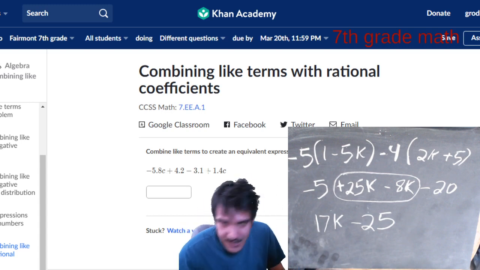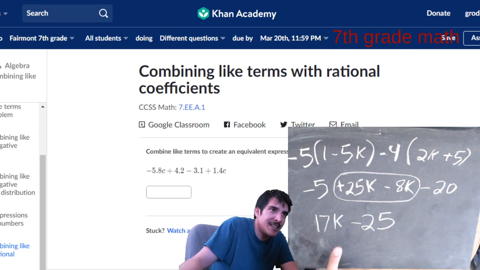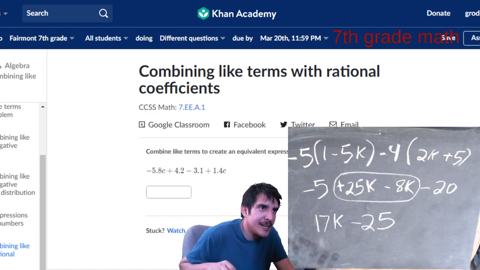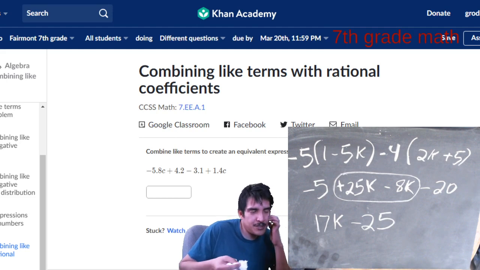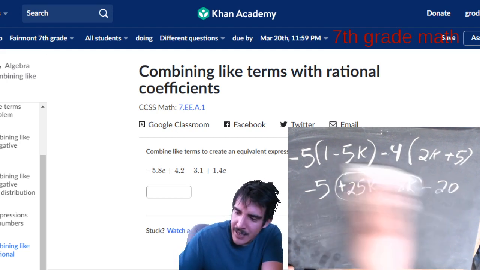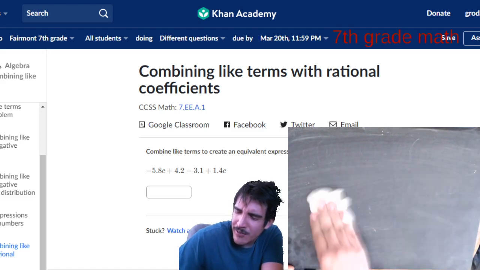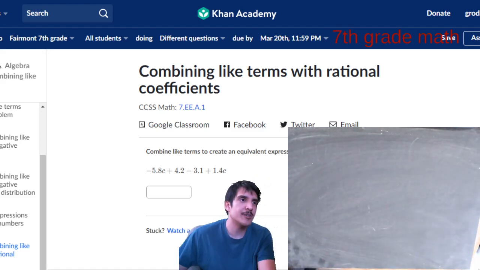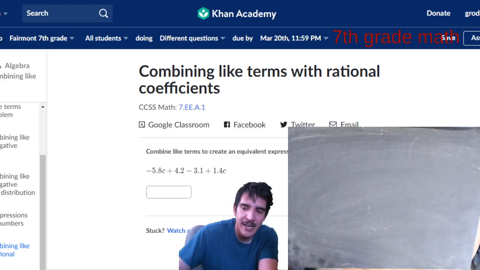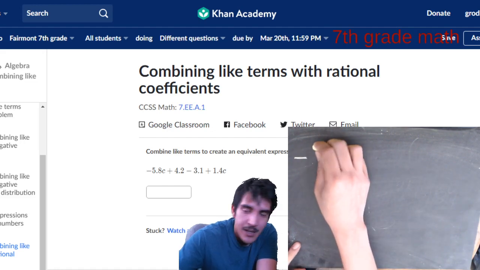All that means is the coefficient is just the number next to the variable, and in this problem we have decimals next to the variables. So this is just as easy. I don't think we'll even have to do distributive property here. I think you can just combine like terms, so let's do that.